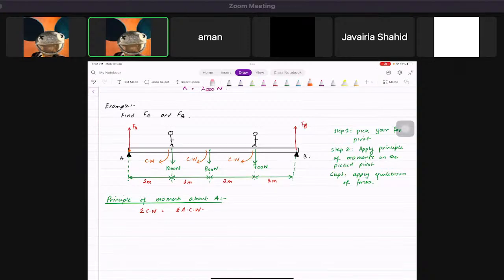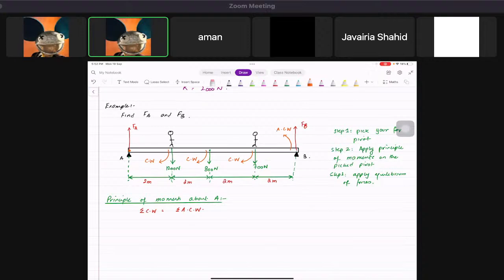And FB is going to turn it anti-clockwise. Do you know why I ignored FA? Anybody can guess? I completely ignored FA because FA does not have a perpendicular distance from the pivot. Is it clear?